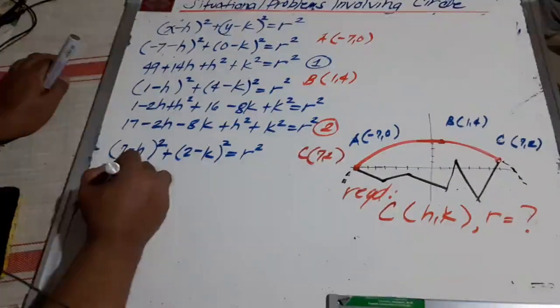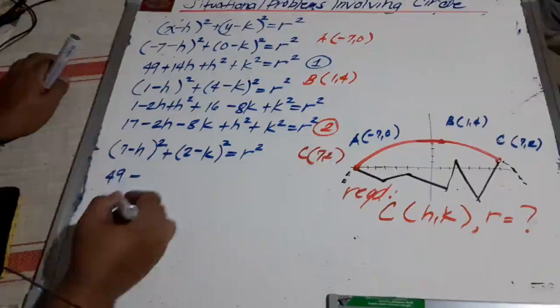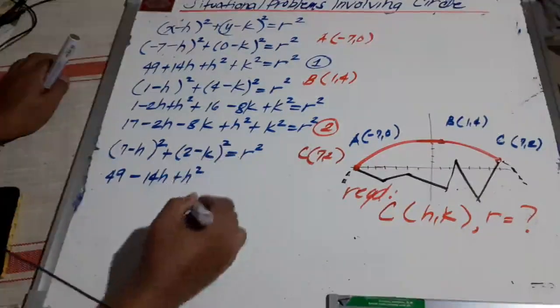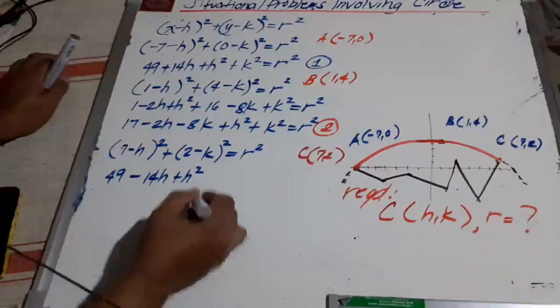Expand. 49 minus 14h plus h squared, and then the square of 2 is 4.